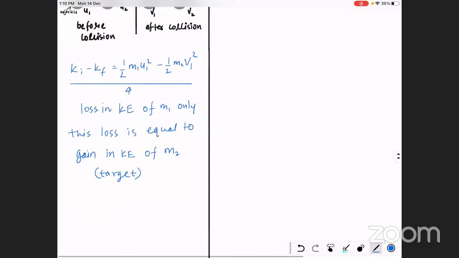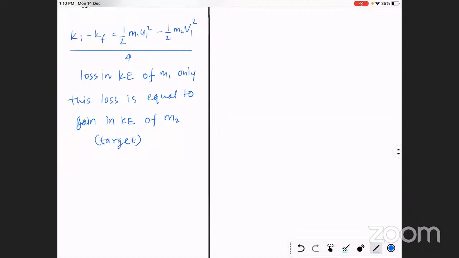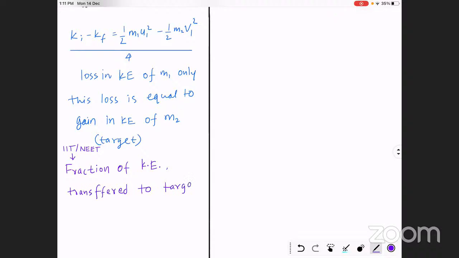Okay. Now listen to my word very carefully. The fraction. This is for IIT and NEET. The fraction of kinetic energy transferred to target.